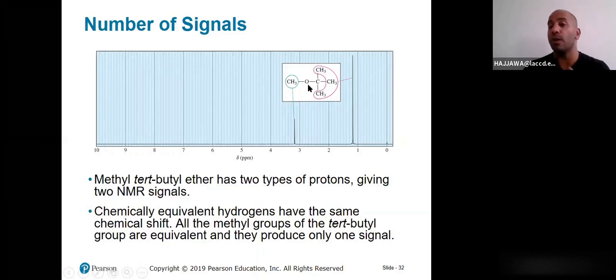The adjacent atom is oxygen, has no hydrogen. That means my N is 0 plus 1. That's a singlet. The other one is the same thing. I have methyl, methyl, methyl. They're all going to share the same peak because they are surrounded by the same environment. Regardless which one you look at, the carbon adjacent to it has 0 hydrogens, so N plus 1 is 1. So that's a singlet as well.